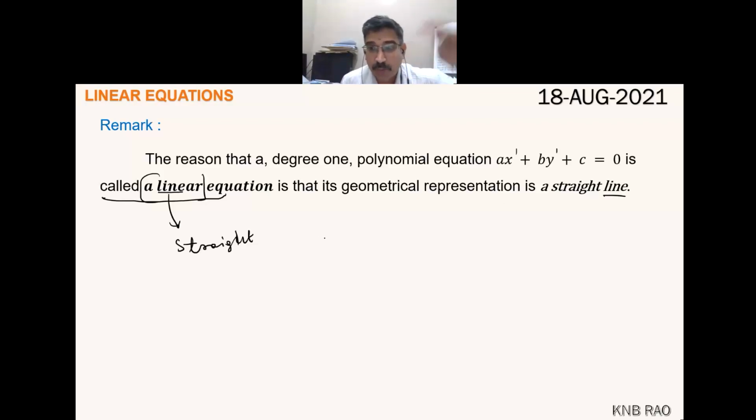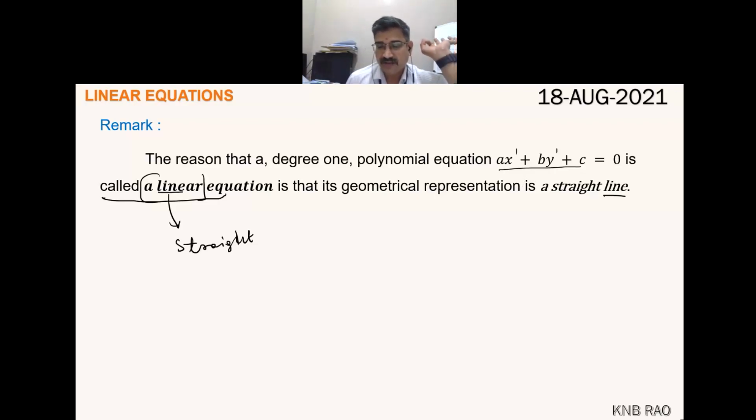Linear is the property of line, and the property of a line is straightness. Why we call this equation a linear equation is because when it is represented on a graph on a Cartesian plane, its geometrical representation is a straight line. That is the reason it is called a linear equation.